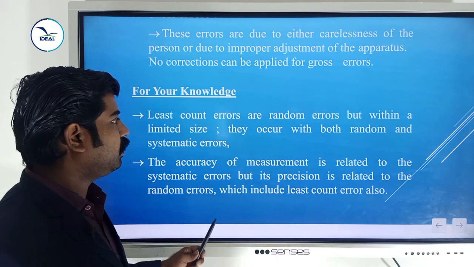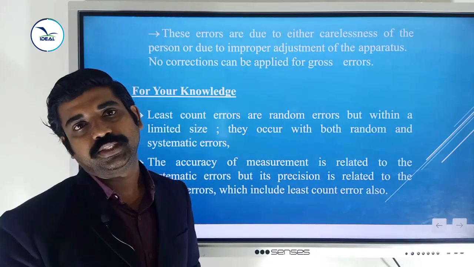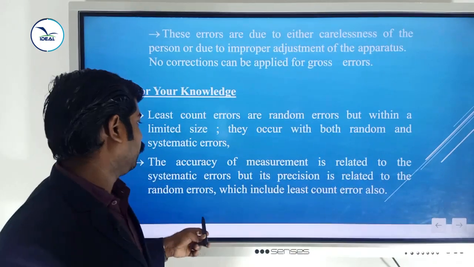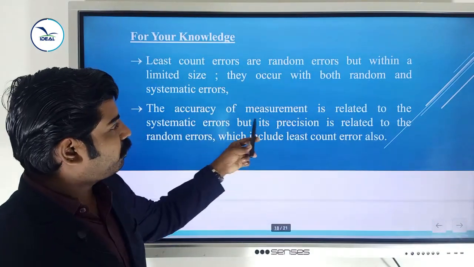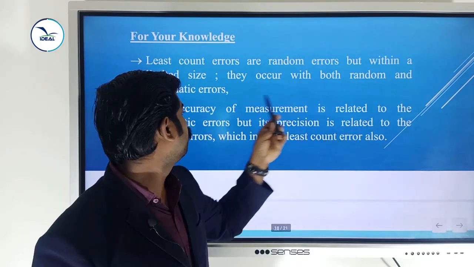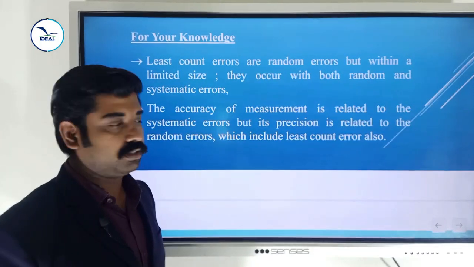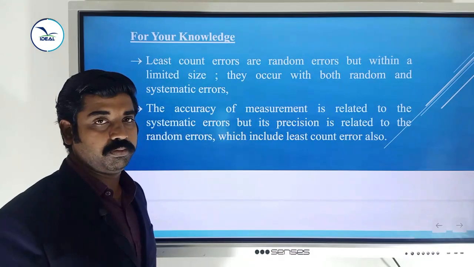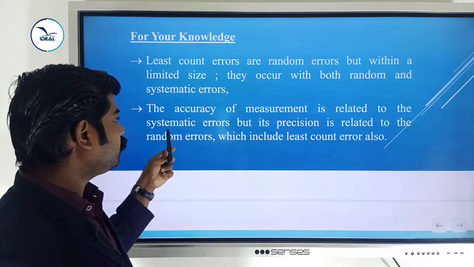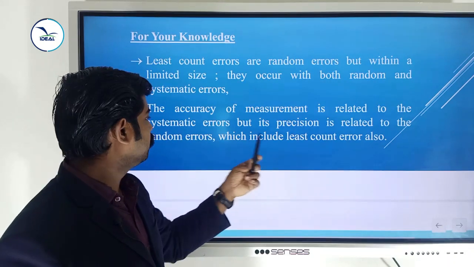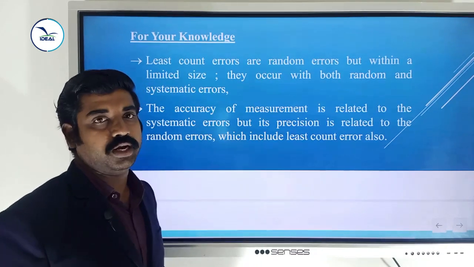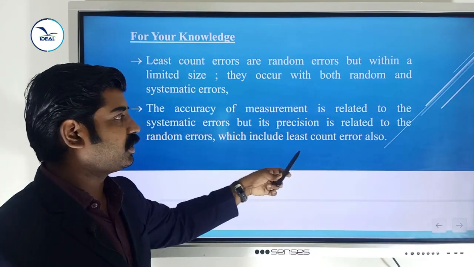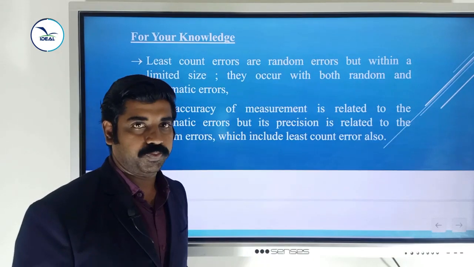Least count error is a random error, and it is also a systematic error. The accuracy of a measurement is related to systematic errors, but its precision is related to random error, which includes the least count error also.